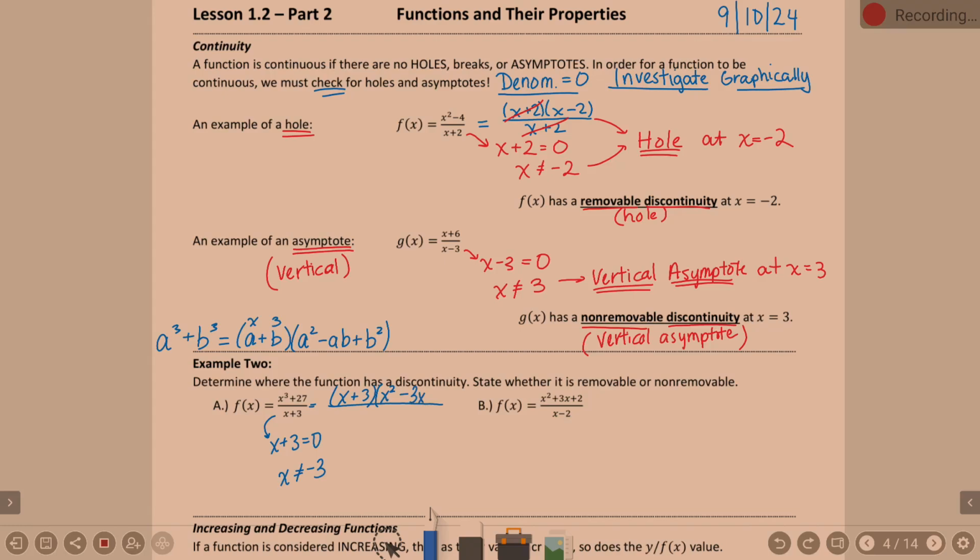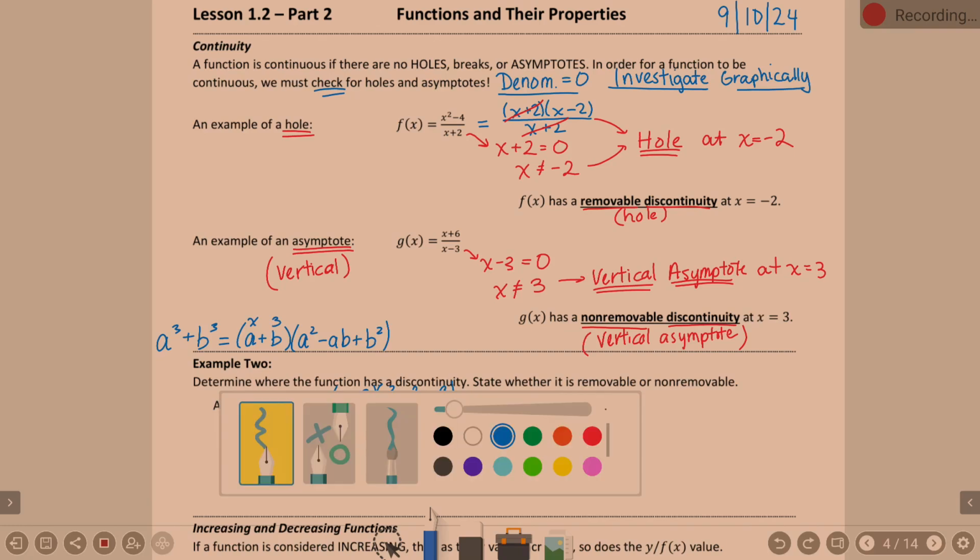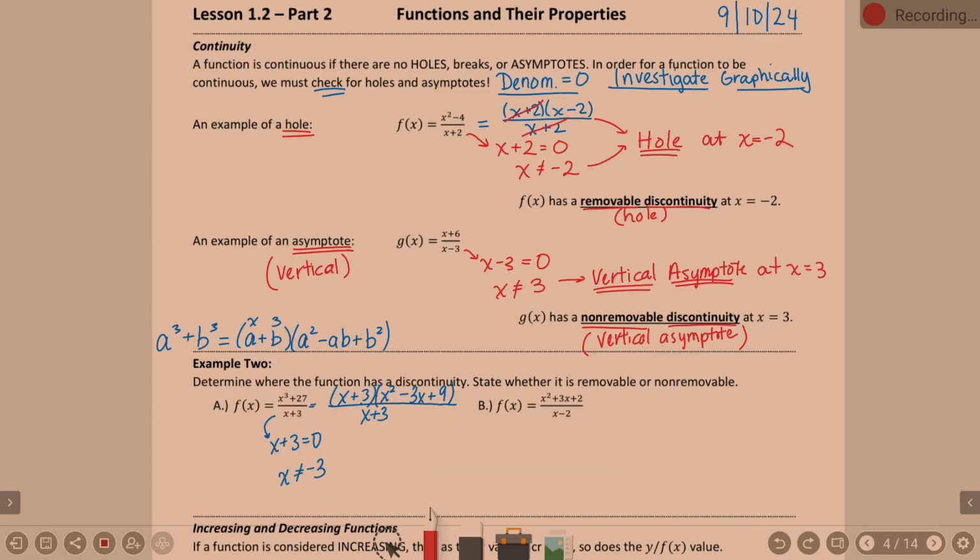The last term is always plus, and it's the second term squared, so 3 squared is 9. All over my original denominator of x plus 3. Well, what just so happens here? The x plus 3's cancel.